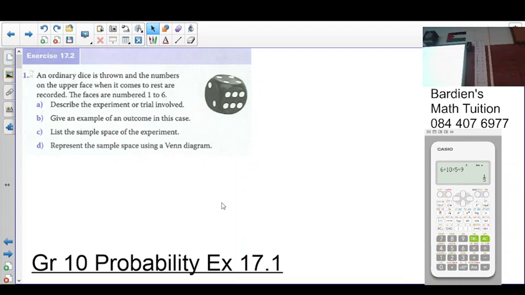So basically what happens? You roll a dice, and if it lands face up on 4, I record 4.